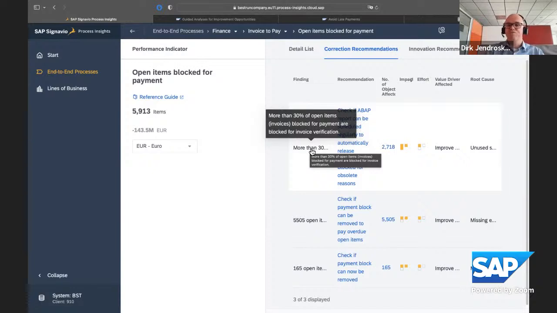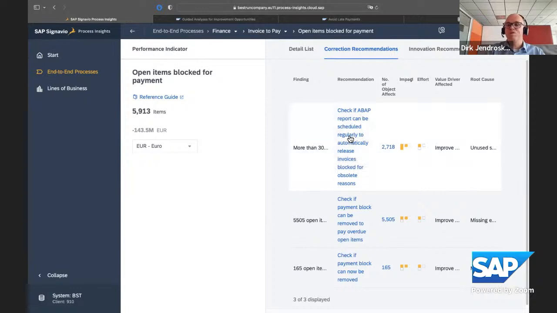So we have identified a root cause, which is in the invoice verification area. So how can we work on this one? And there's a recommendation, and this is check if a web report can be scheduled regularly to automatically release invoices blocked for obsolete reasons. So something which can help us addressing the issue at the root cause.